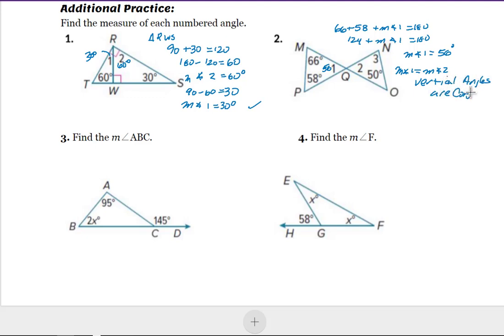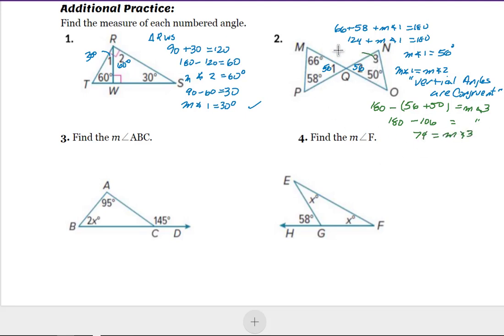So in the right-hand triangle, we have a 56 and a 50, which comes out to 106, and angle 3 must be the difference of 180 and 106, which gives us 74 degrees. So measure of angle 3 is going to be 74 degrees.